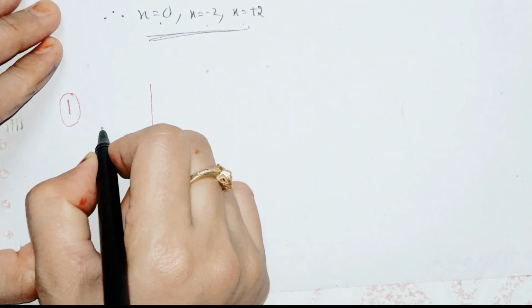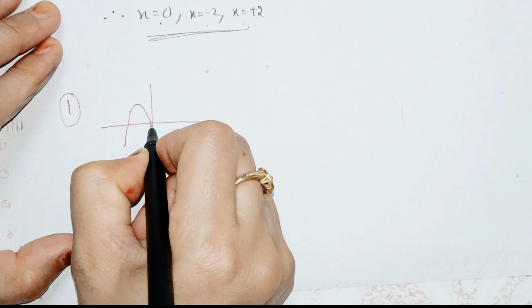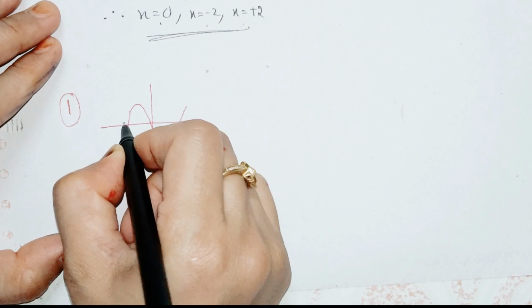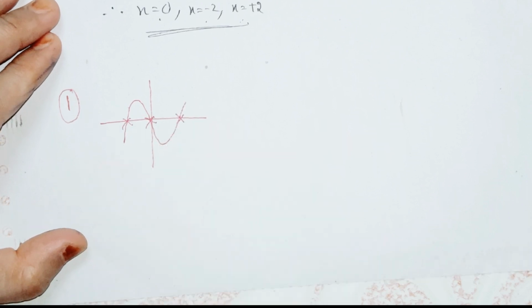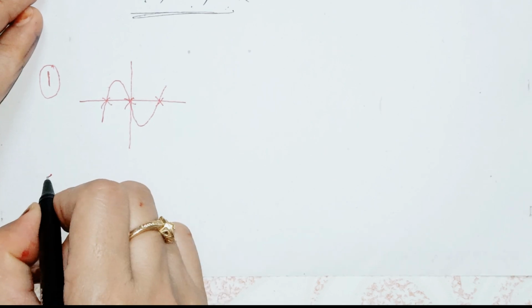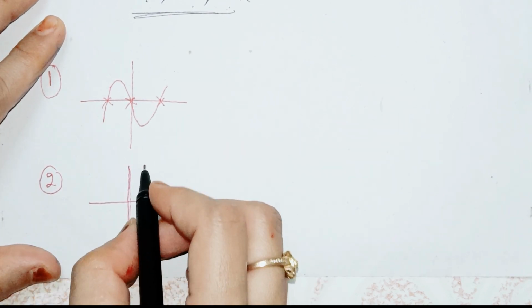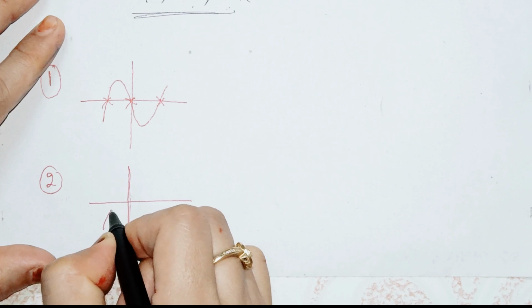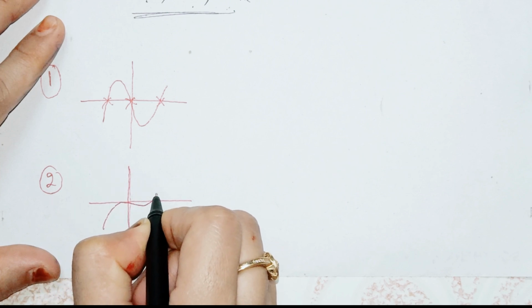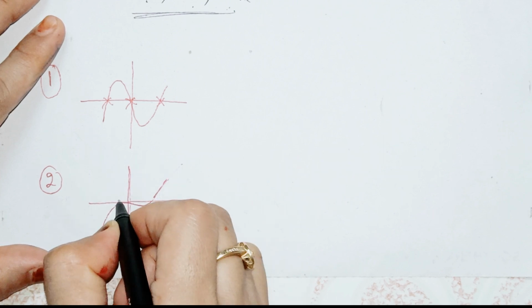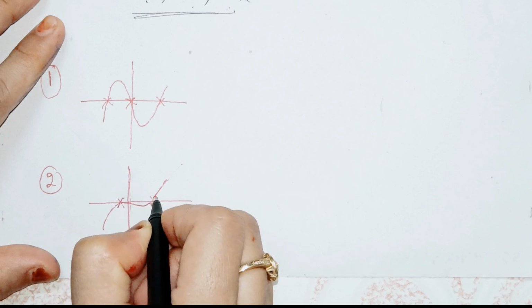Now you got a graph like this, okay, 3 points are there. Sometimes the graph is like this and sometimes like this also, where you get 2 zeros. Here you get only two points.